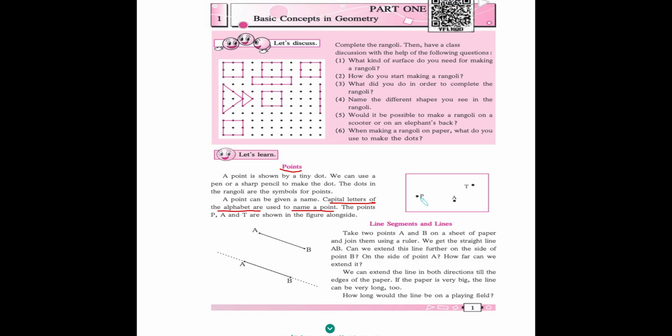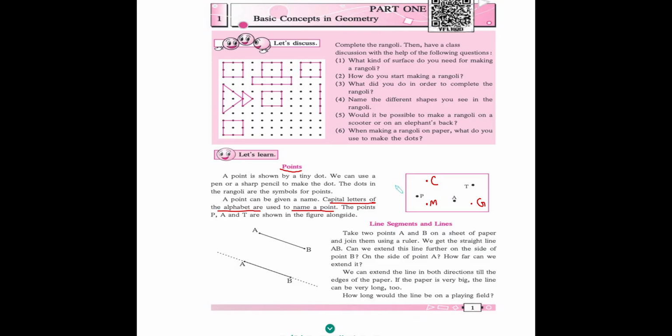So that is point P. Point A, point T, or point C, or point G, or point M. Every time we can use a capital letter. So the points P, A, T, M, C, G are in the figure alongside.